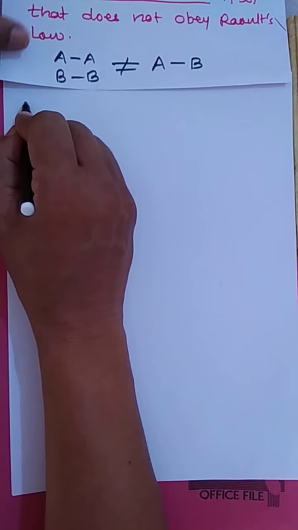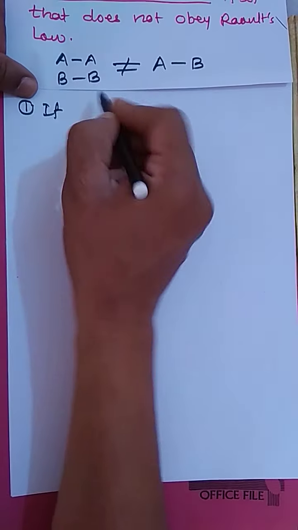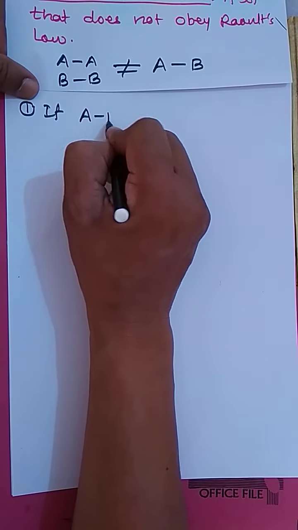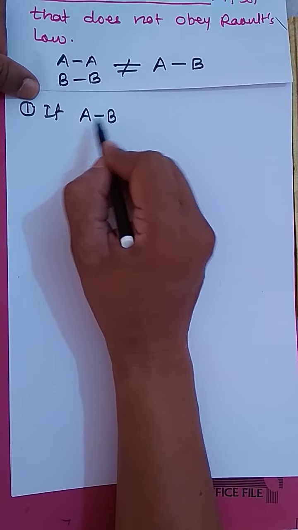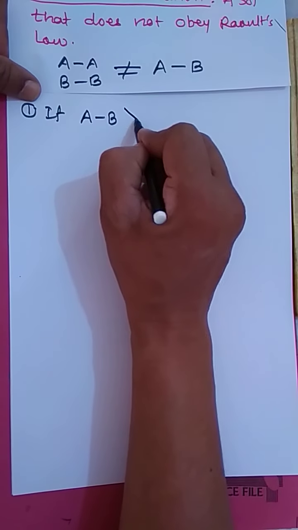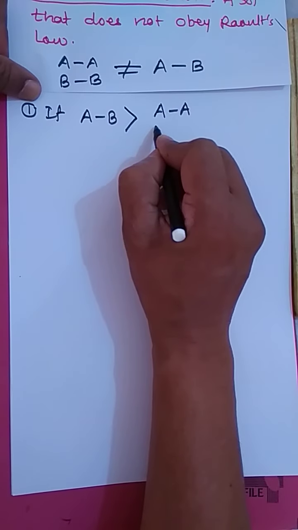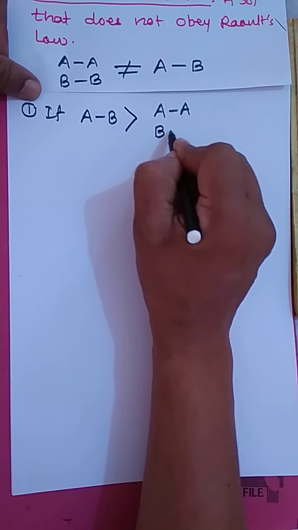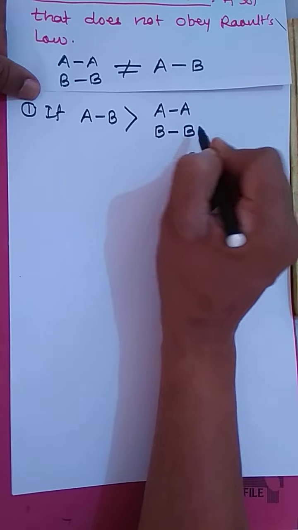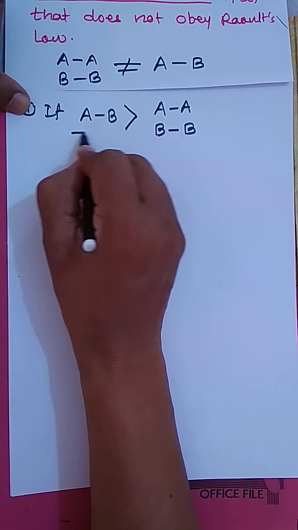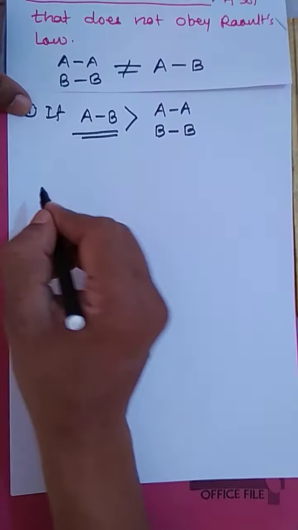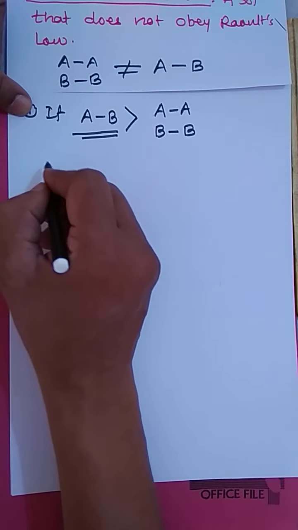First one is if AB interaction, means solvent-solute interaction, is greater than solvent-solvent interaction and solute-solute interaction, in that case more interaction is there.